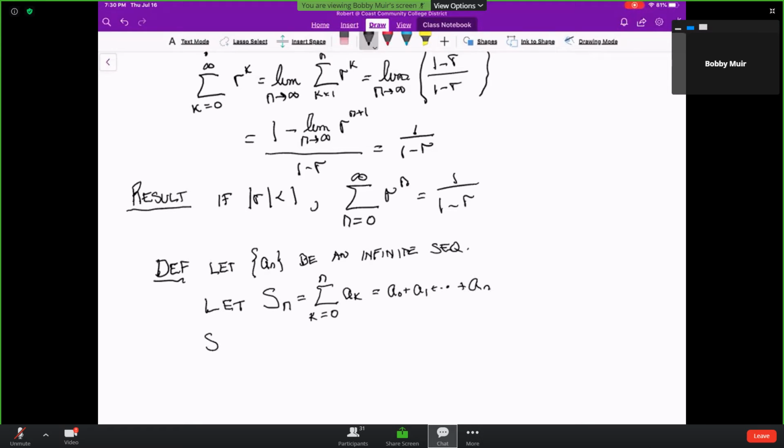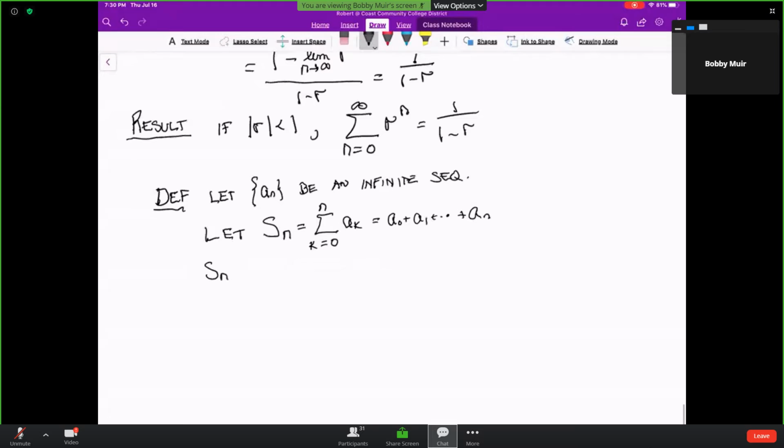So S_n, there's so many different usages of S_n, but S_n is called the nth partial sum.